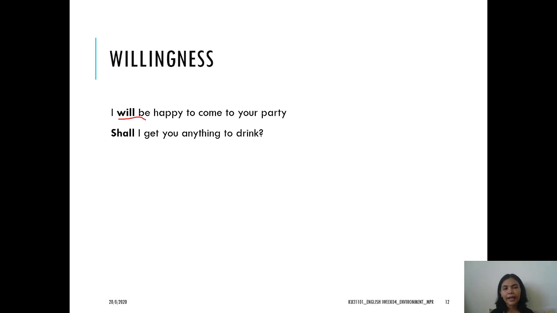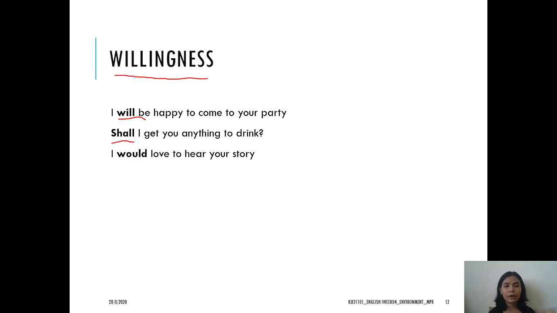Or "Shall I get you anything to drink?" Do you want me to get you anything to drink? So the willingness of "I" to get you anything to drink. So these are examples of modal verbs to express willingness. I hope this explanation is quite clear for you.